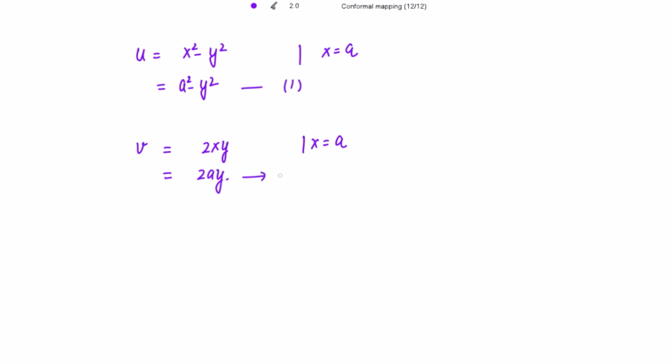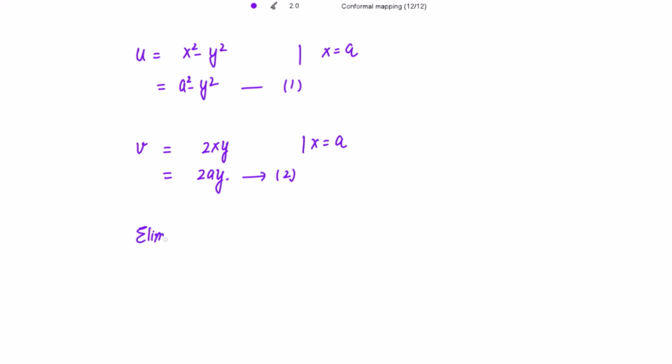u equal to x square minus y square. For x equal to a, we get u equal to a square minus y square, right? And v is equal to 2xy. For x equal to a, we get v equal to 2ay. Marking this equation as 1 and this equation as 2, we need to eliminate y from these two equations.